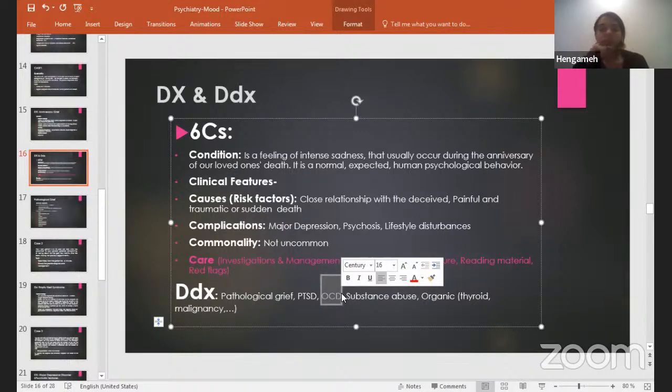And if we're trying to explain what it is, anniversary grief is a feeling of intense sadness. It usually occurs during the anniversary of our loved one's death or anything that reminds you of it. It's a normal, expected human psychological behavior.